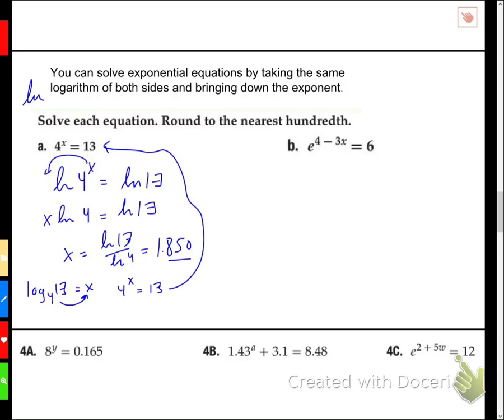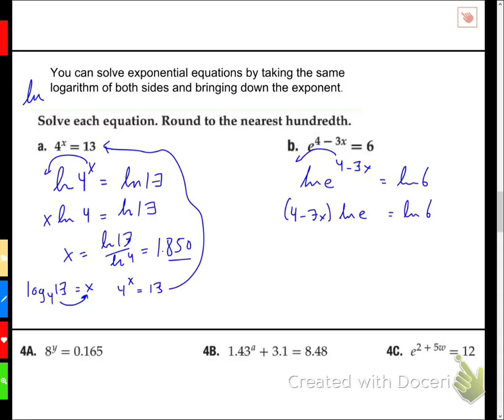Okay, so then here we have e on both sides. Well, lning both sides when you have e allows us to bring down that 4 minus 3x times the ln of e. Well, that ln of e here, that's ln base e.